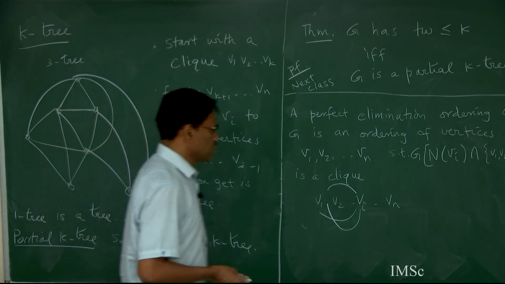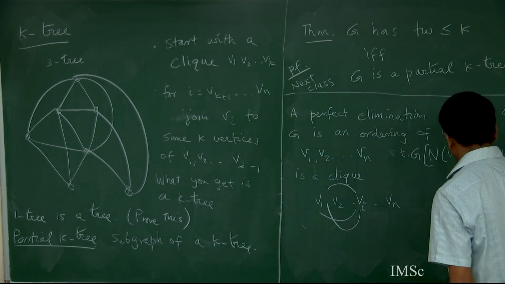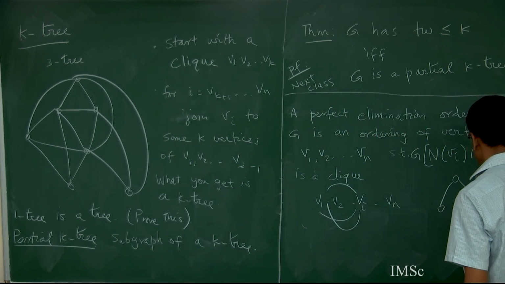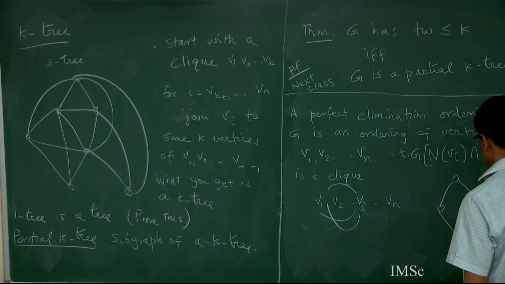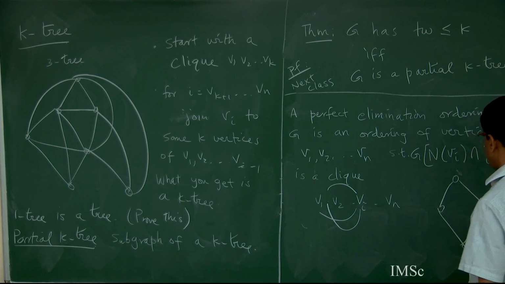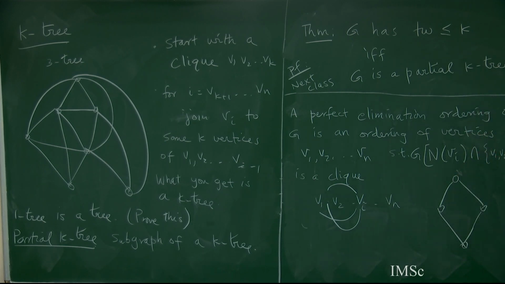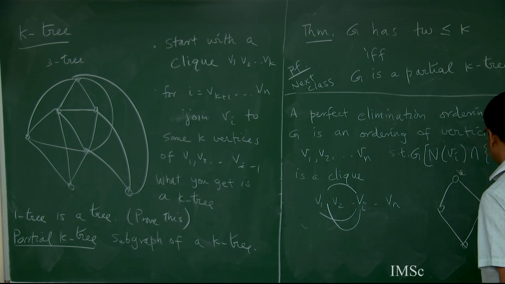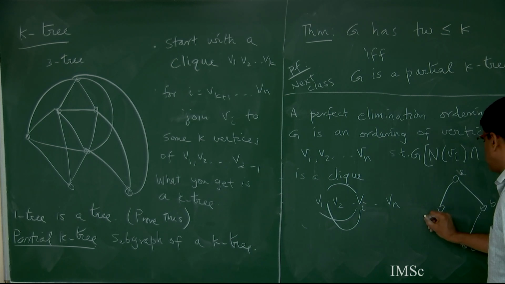So let's look at an example. Let's see if I can order the vertices. Okay, let's add this edge.